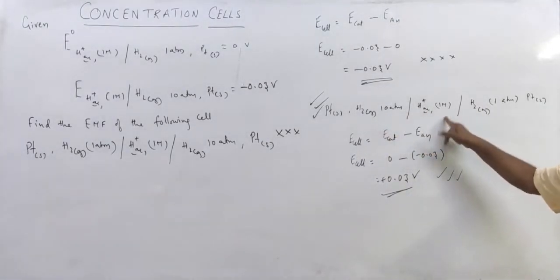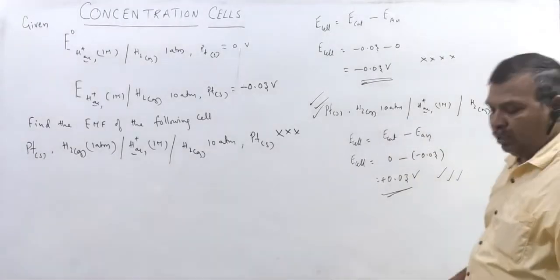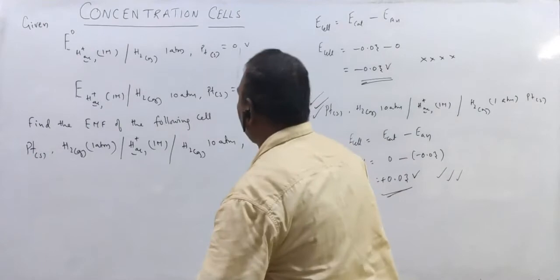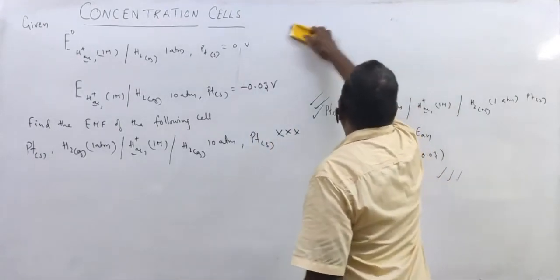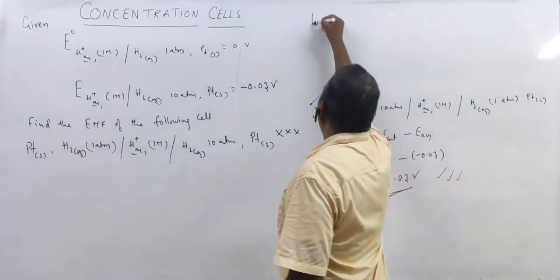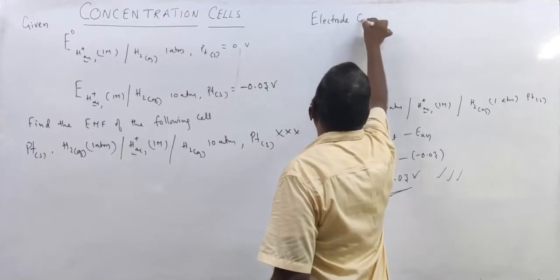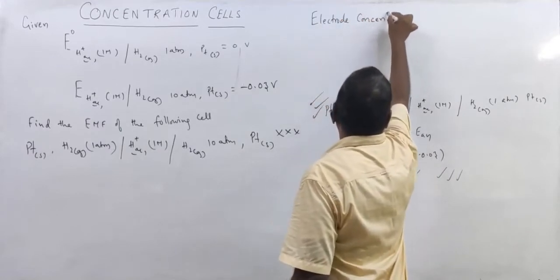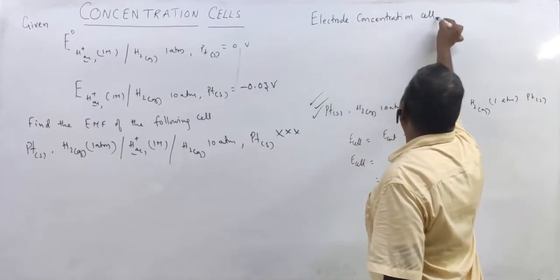The electrolyte concentration is the same, the electrode concentration is different. Therefore, such cells are called electrode concentration cells.